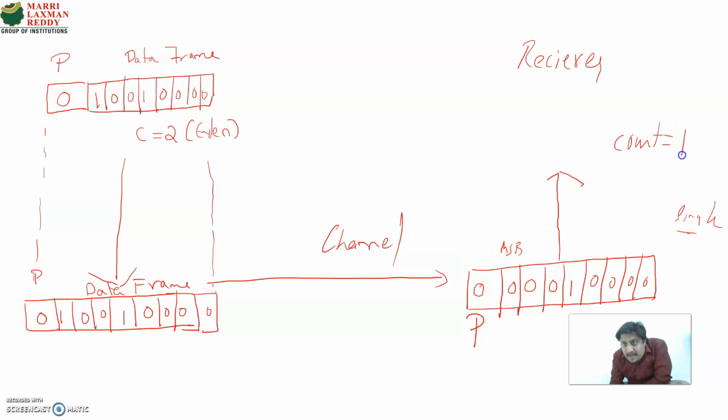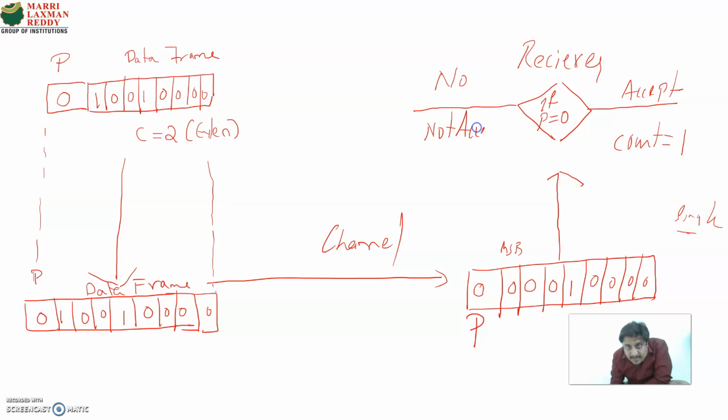The parity bit should be 1. What is the condition here? If the parity bit is equal to 0, it's acceptable, right? If it is not, it is not acceptable. Means what? There is some error in the data frame.